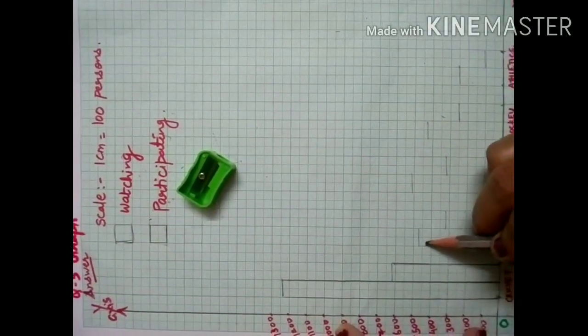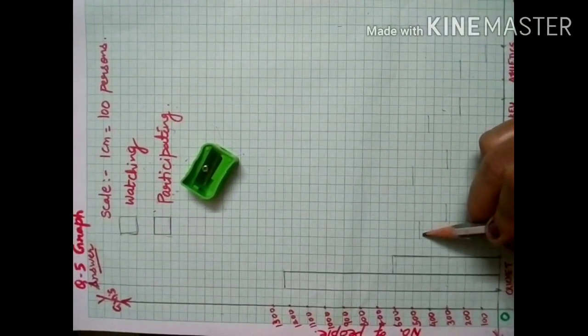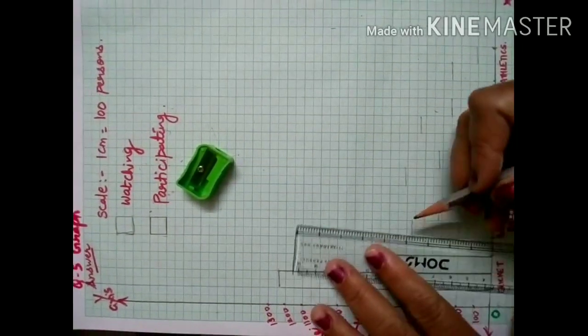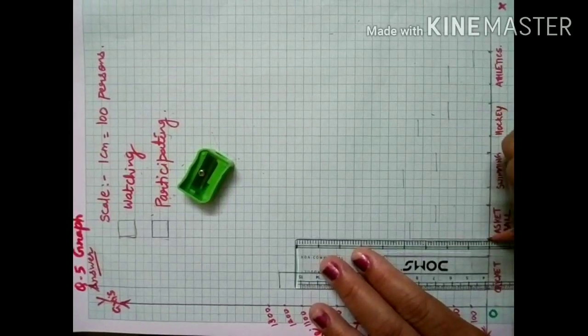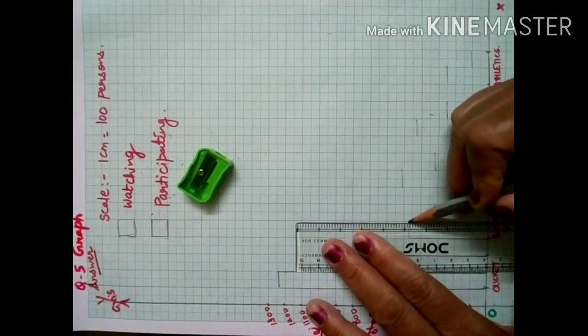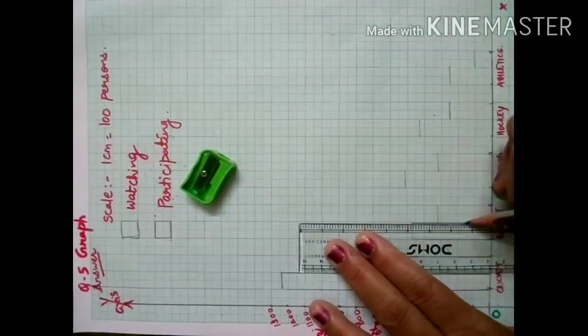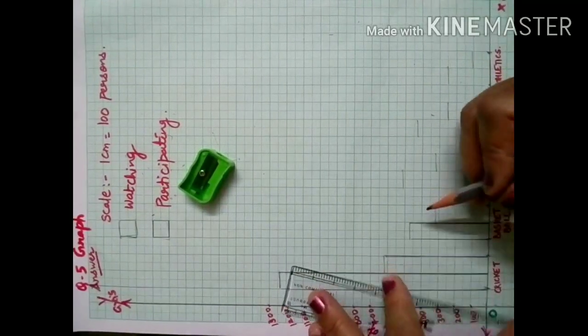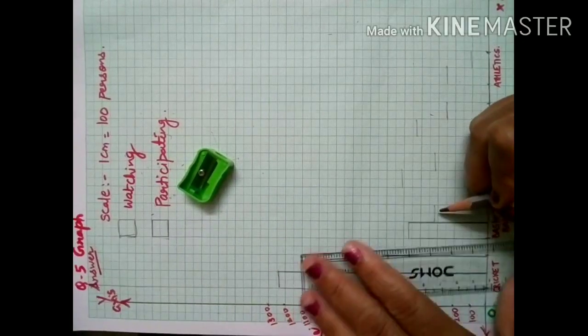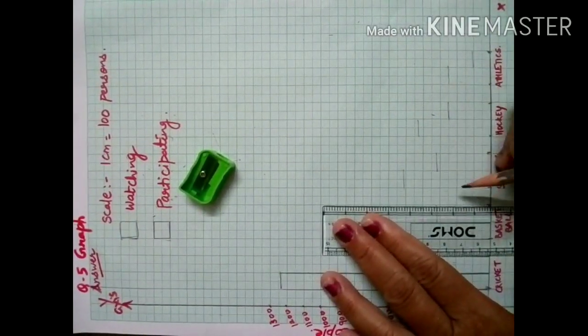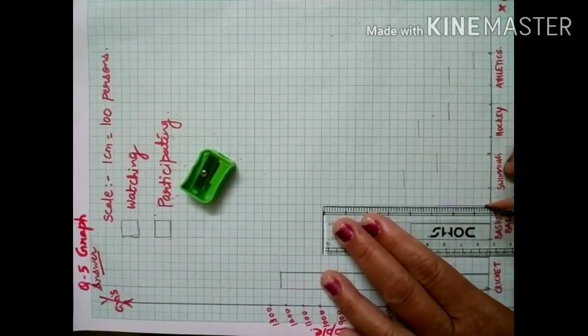So take 400. This is 450. Take 2 divisions up. So it will be 470. So now let us draw the first bar. Next number is given 320. Participating number is 320. So 300 and 2 divisions up. So 320. This will be the second bar.